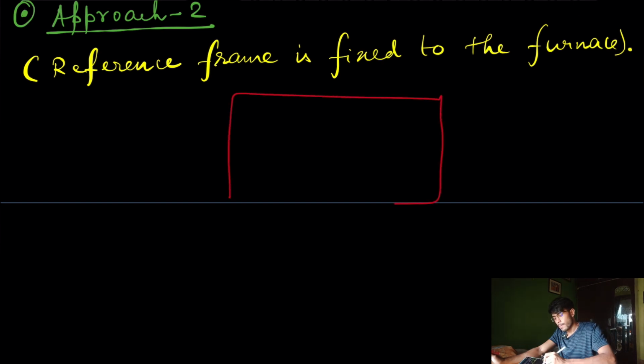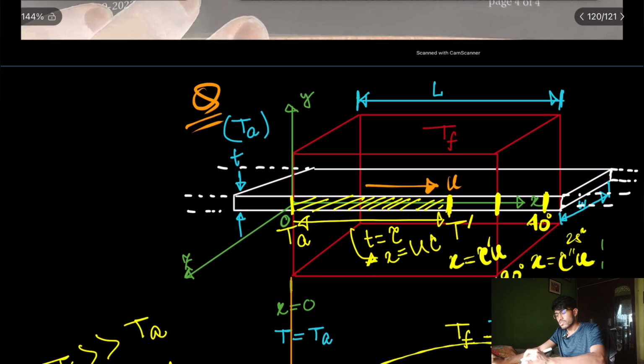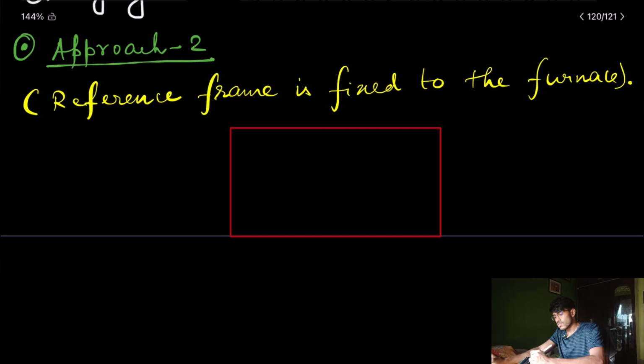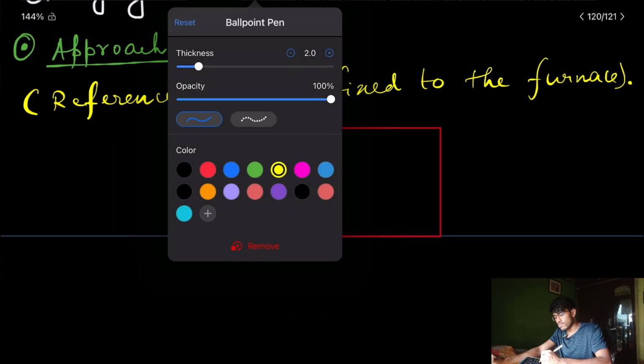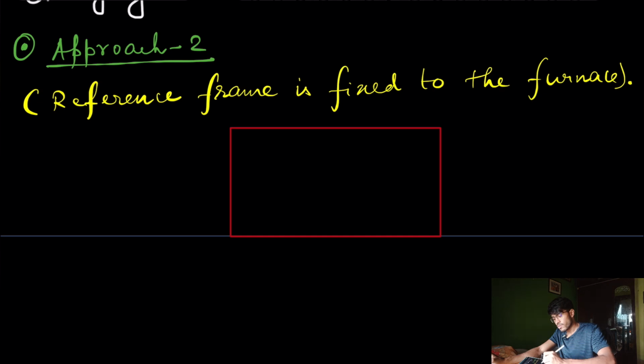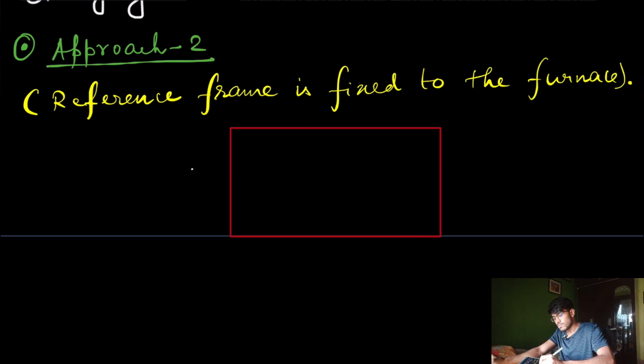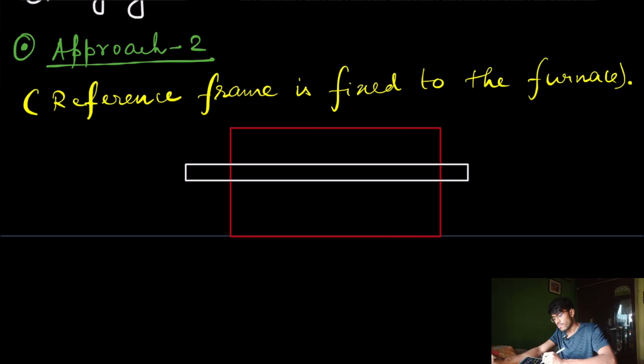This is my furnace, and my metal sheet I have drawn with white color. Let me maintain the consistency of the colors. It is not converting to a perfect rectangle, so let me draw it again.